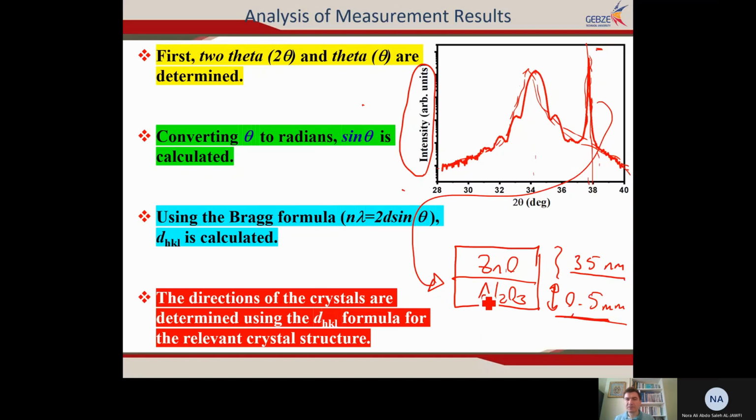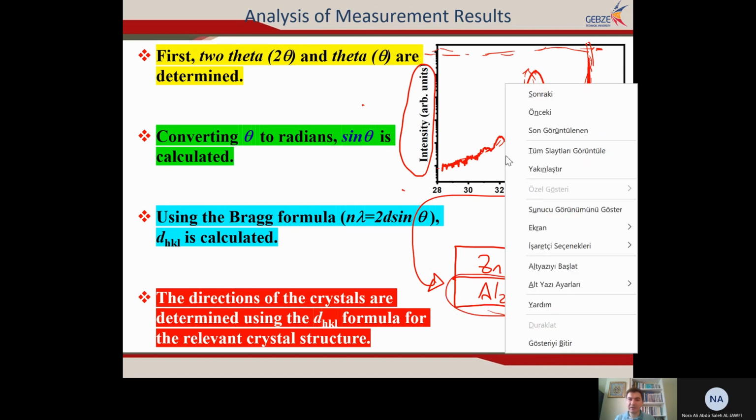But if the sample is very complicated, if it consists of many layers of different materials, then of course the analysis will be complicated. But if you go step by step, you can also solve this type of structure and analyze this type of X-ray diffraction data. But here, if you see a very sharp peak with very high intensity, then you can easily say that it is coming from the substrate.